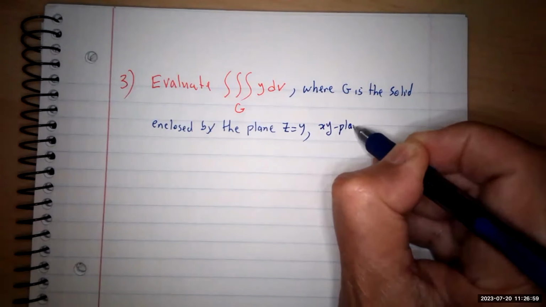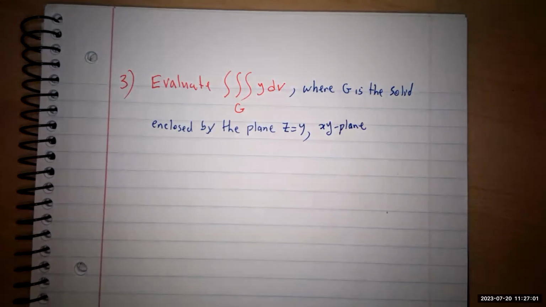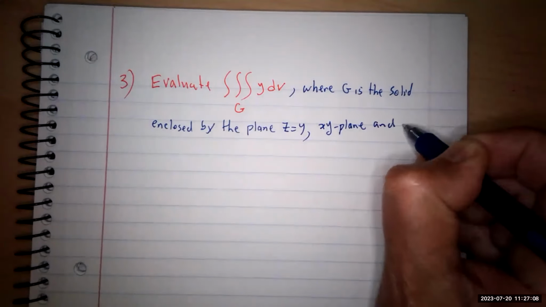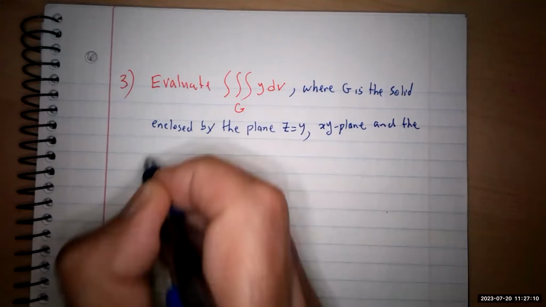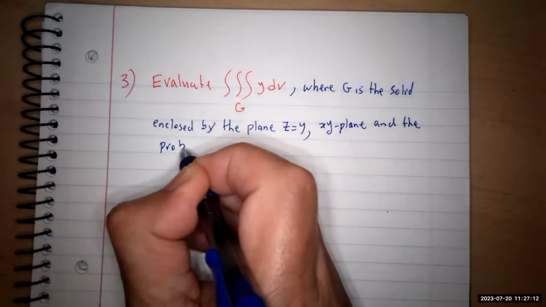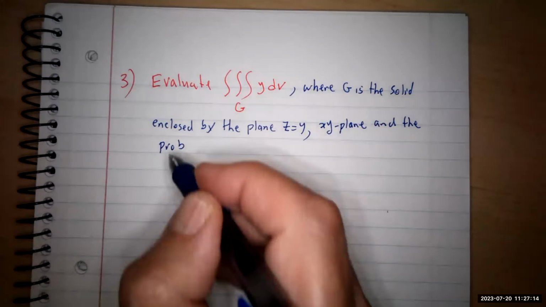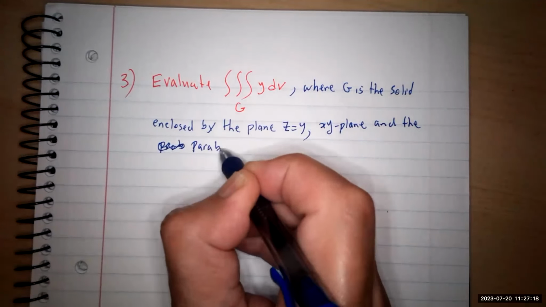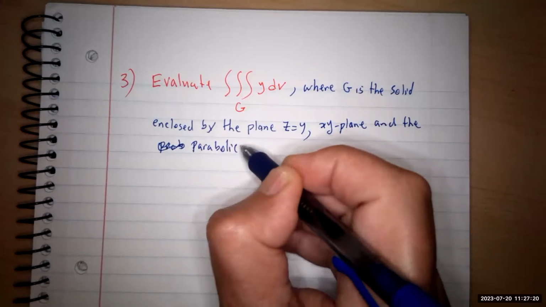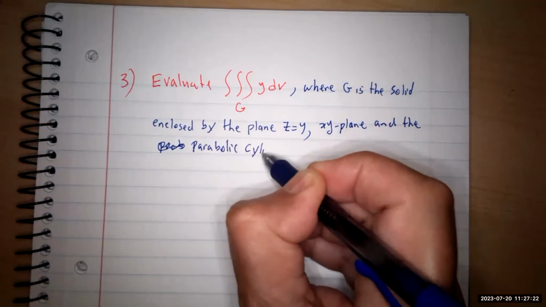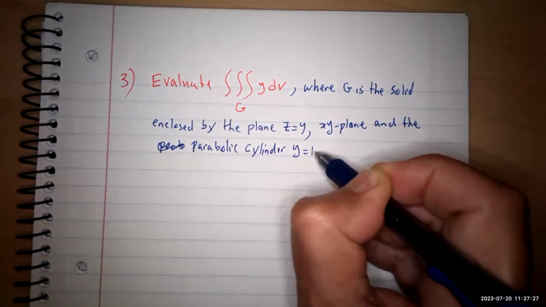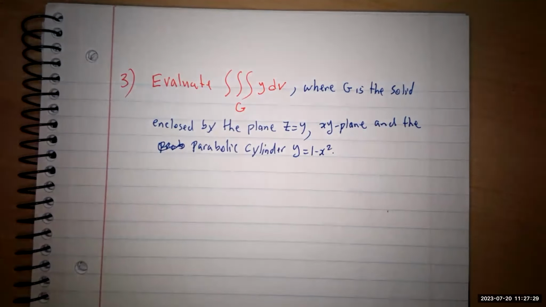You know that the xy plane would be z equals 0. That's the xy plane, and a parabolic cylinder. The parabolic cylinder is y equals 1 minus x squared. That's it.